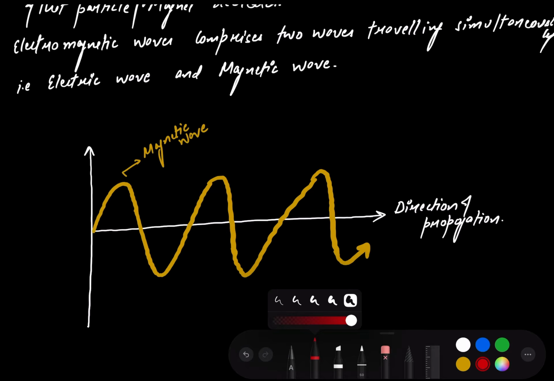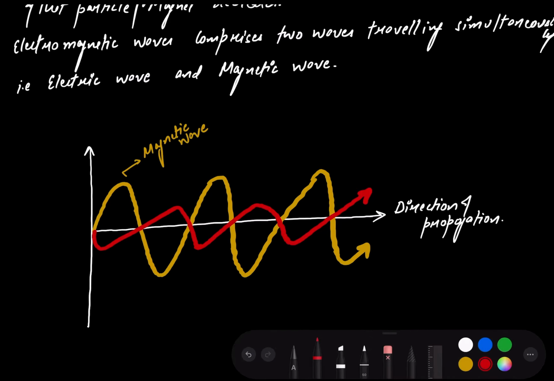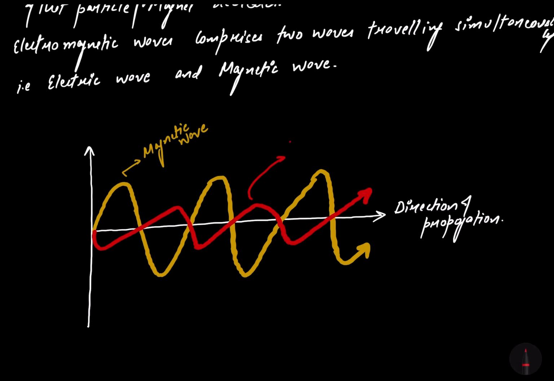Now the electric wave will be perpendicular to the magnetic wave. So that's my electric wave. I'm writing, this is my electric wave.